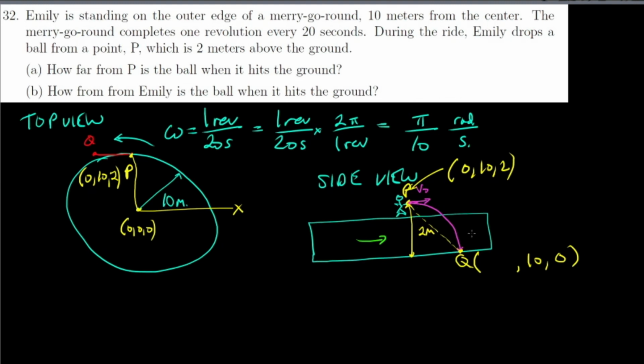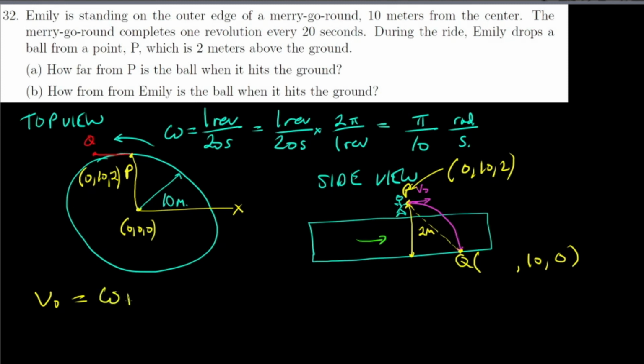This projectile motion. So first of all, what is v0 here? What is the initial velocity of the ball? Well, it's only moving horizontally, because Emily's dropping it, not throwing it. It's not being thrown downward. So when you drop something, it starts with initial velocity 0, at least vertically. So what is the speed of the carousel at that point?